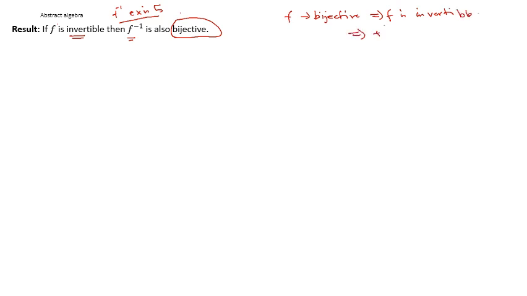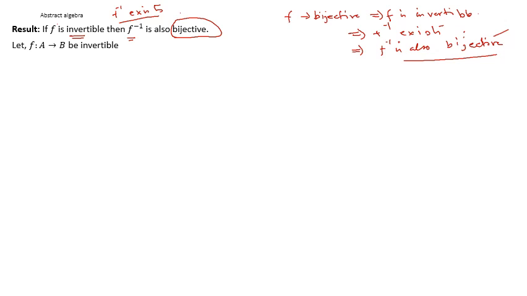That means f inverse exists. এখন আমরা বলছি শুধু তাই নয়, f inverse is also bijective. So the inverse of a bijective mapping is also bijective.